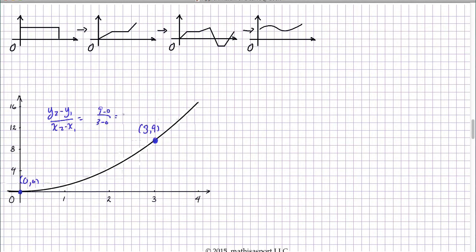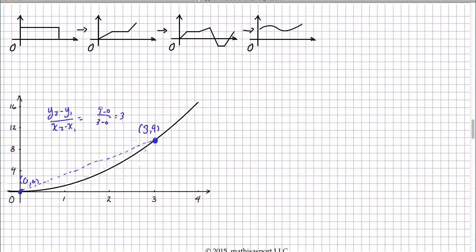So we have a slope of 3. But that's the slope from here to here, and that line kind of looks like this. That doesn't quite seem to do it for what we mean by the slope of the curve right here at 3. It visually seems like it's quite a bit steeper at that point.